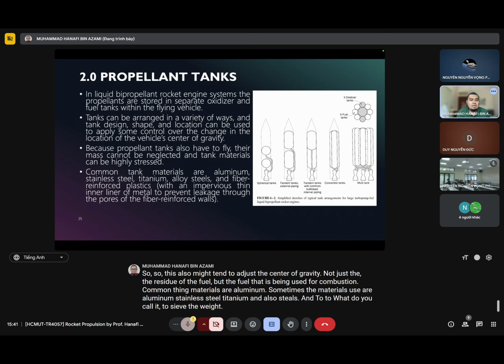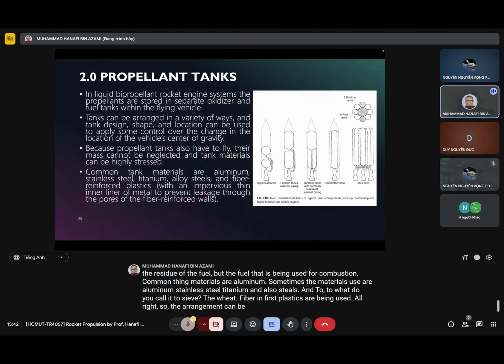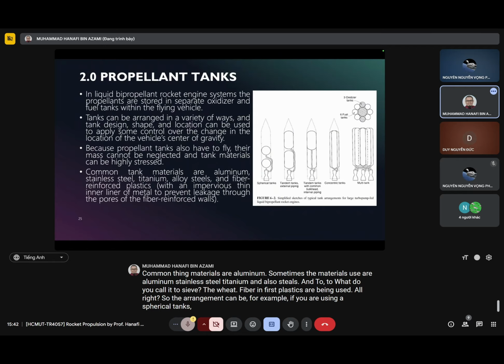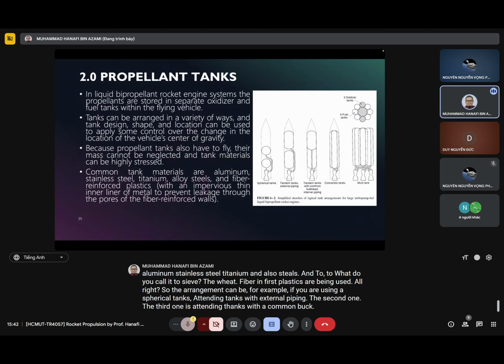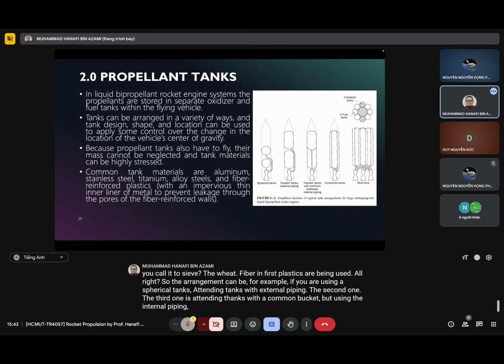The arrangement can be, for example, a spherical tank; a tandem tank with external piping; a tandem tank with a common bulkhead but using internal piping; concentric tanks and multi-tank. Okay, so these are some of the arrangements.